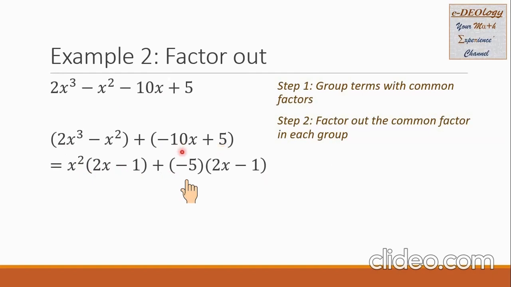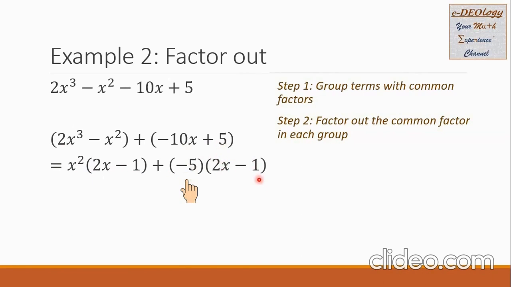But I should write negative 5 so that later the binomial here will come to be on the same value with the 2x minus 1 of the first group. So if I pull out the negative 5, what remains here is the 2x minus 1.